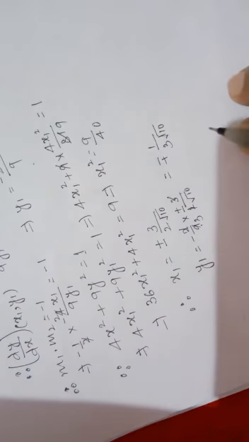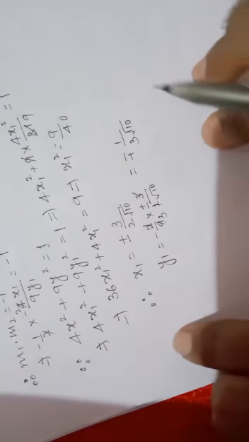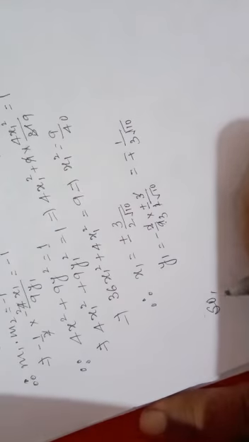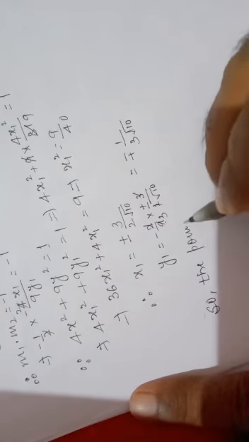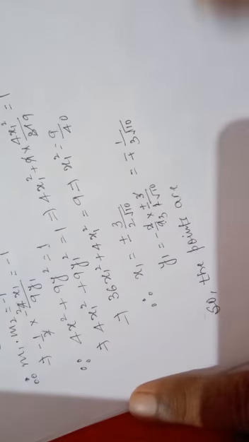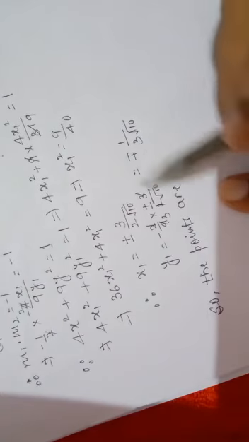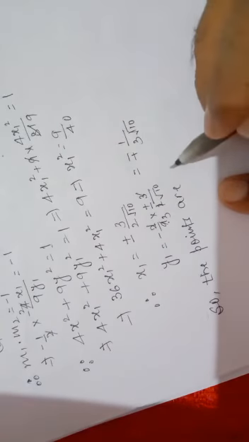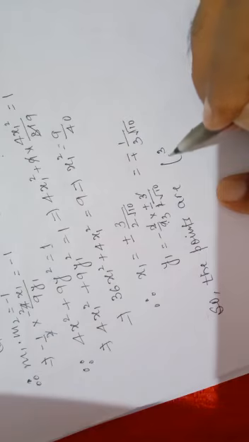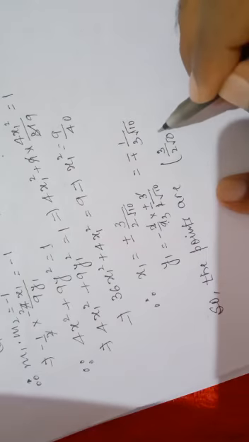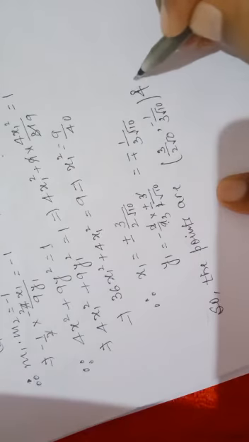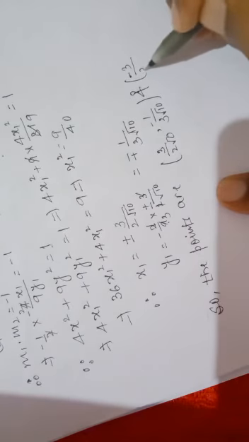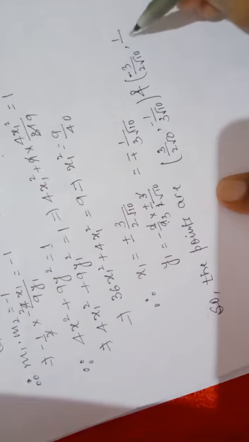Hence the points are 3 by 2 root 10 and minus 1 by 3 root 10, and minus 3 by 2 root 10 and 1 by 3 root 10. These are the points.